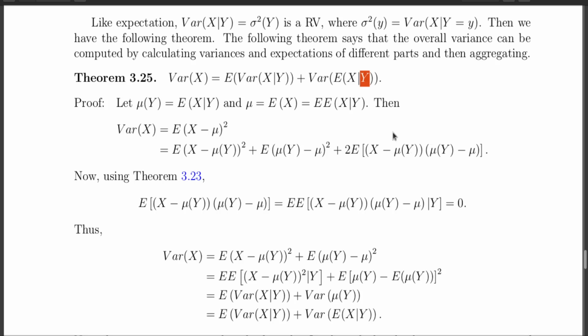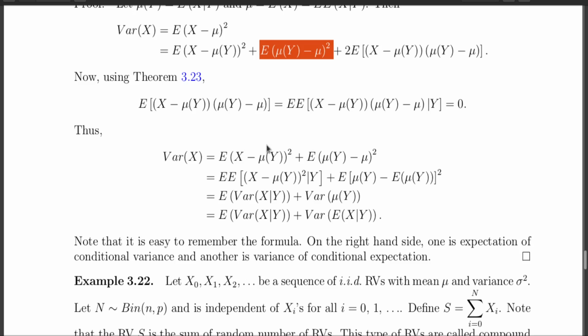Now I need to show that the cross product term is 0. You can show this using the same technique as in the previous theorem. So I get that the variance of X is the same as this part plus this part.